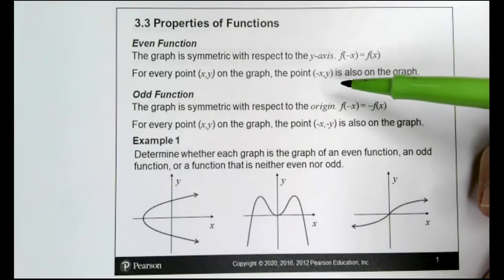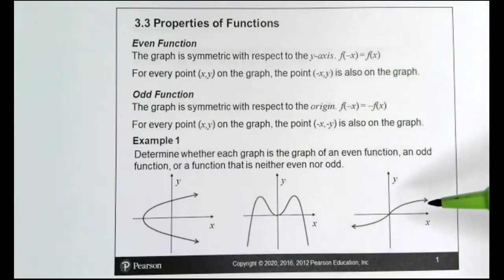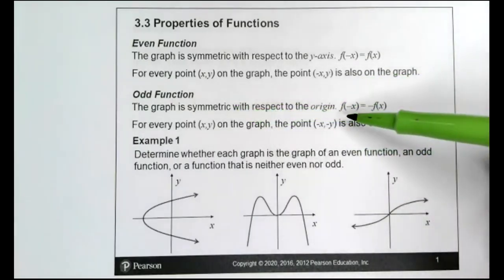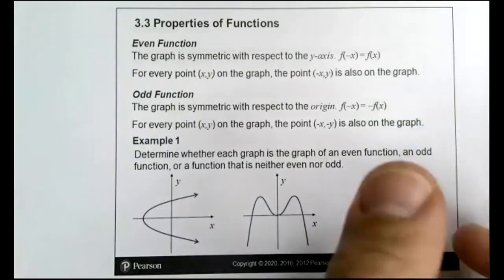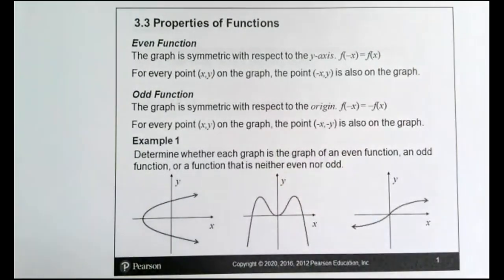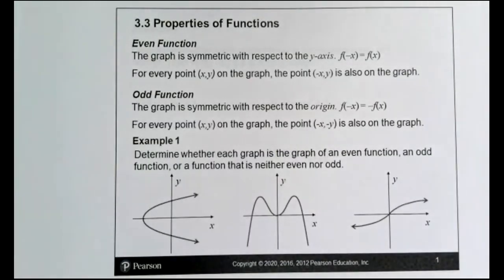For every odd function, it will be symmetric with respect to the origin, which means when you flip it all the way upside down, it will look exactly the same. For every point x, y on the graph, the point negative x, negative y is also on the graph. So it's going to be the opposite x value and the opposite y value, okay?